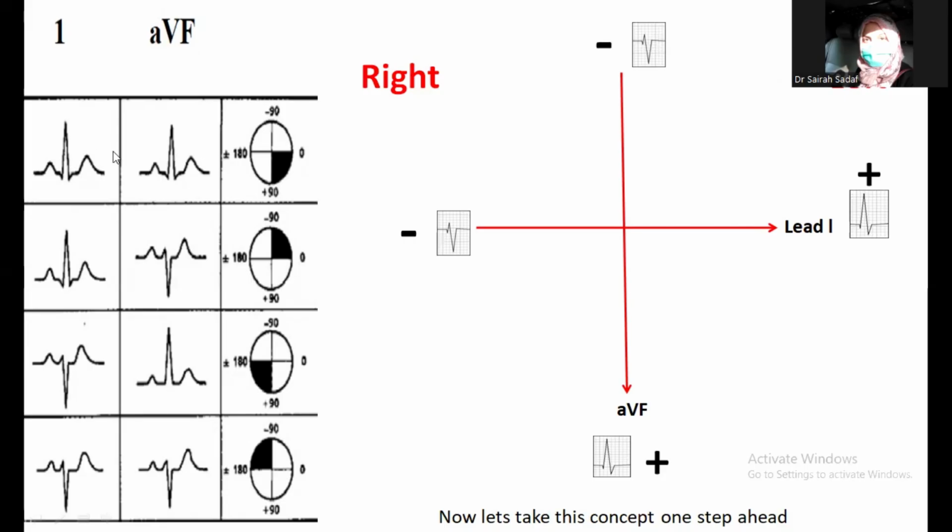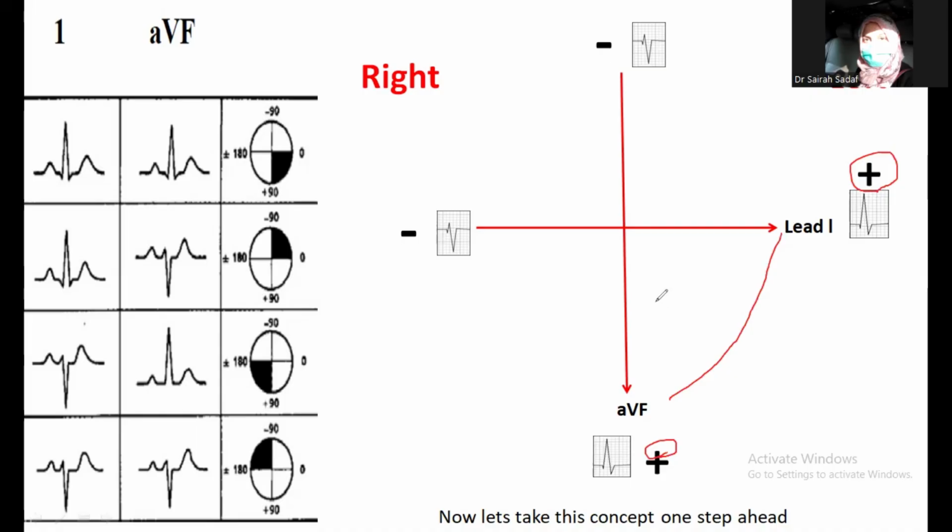In these two leads, the QRS complex is upward, meaning positive. So if we draw it here, let's say I just marked it here. It is positive in lead 1 and also positive in lead AVF. So we are on this side of the quadrant.